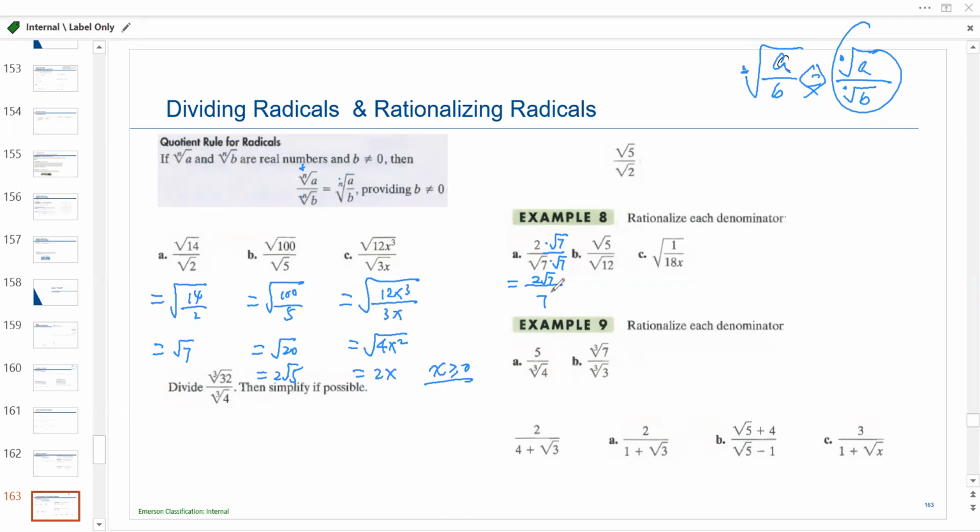It means we make the denominator rationalized. Square root 7 is an irrational number. We make the irrational number rational. They call it rationalizing the denominator. We know that square root 7 is an irrational number, right? We make it rational. We call that rationalize.